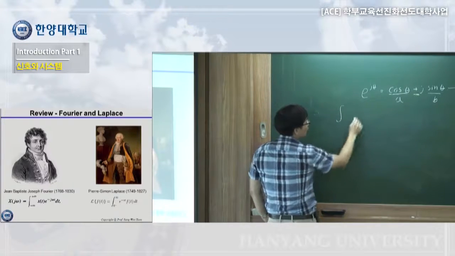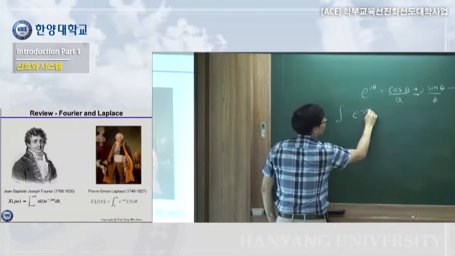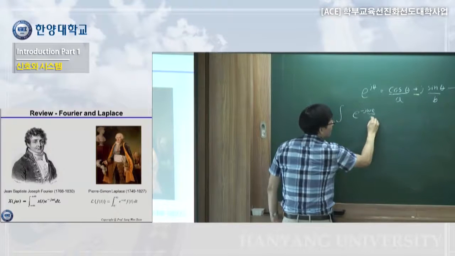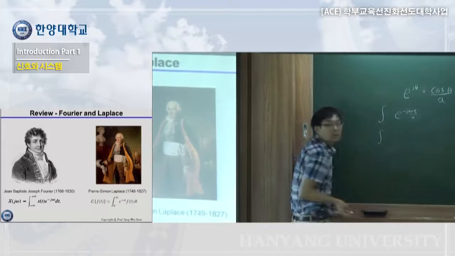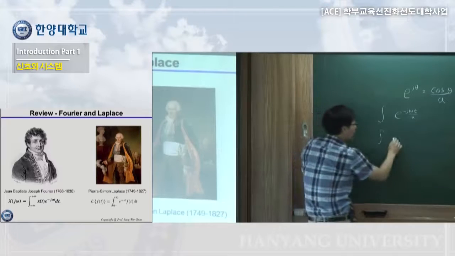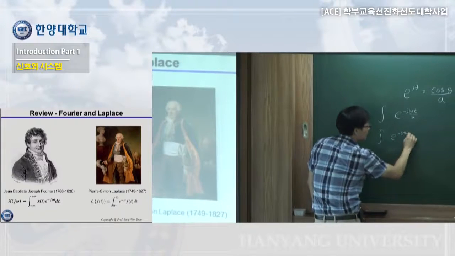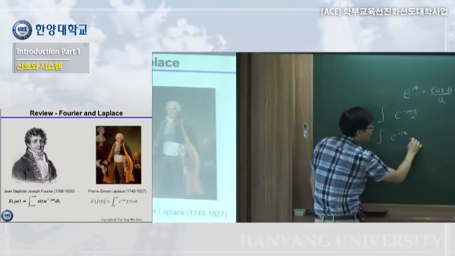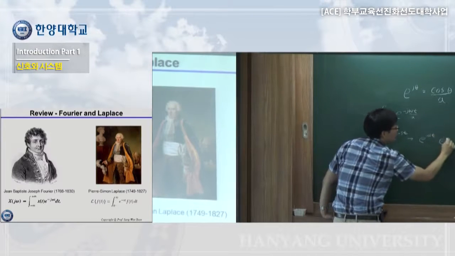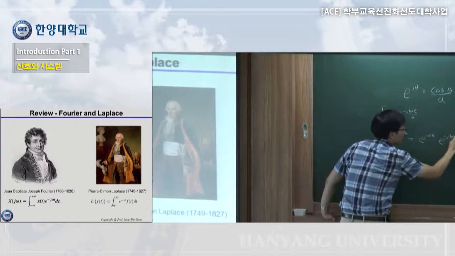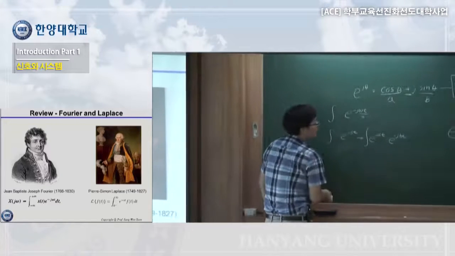So in the Fourier series, we are using e^(-jωt). This is x in our case. In the case of Laplace, we have e^(-st), and they can be divided into e^(-at) times e^(-jbt), right?